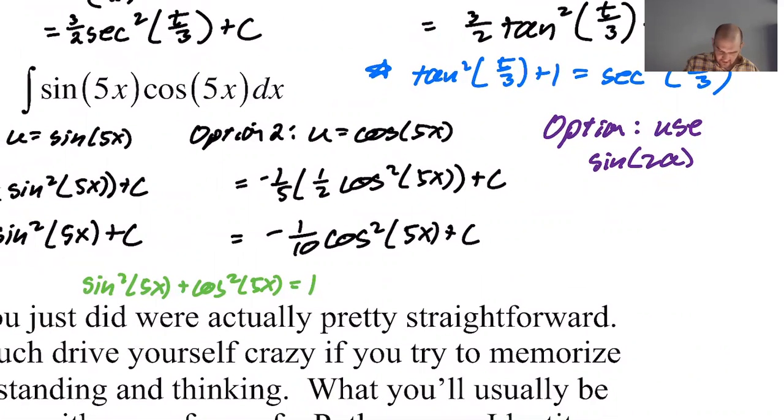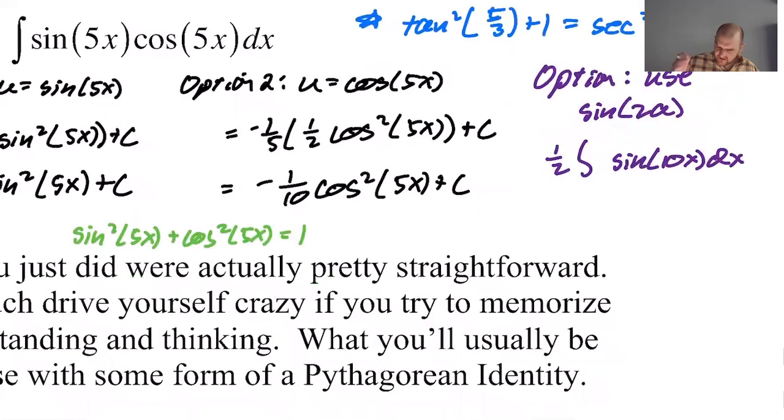So this integral is actually 1/2 the integral of the sine of 10x. So then there should be a 10, so a 1/10, so 1/20, and then cosine of 10x, and then negative.